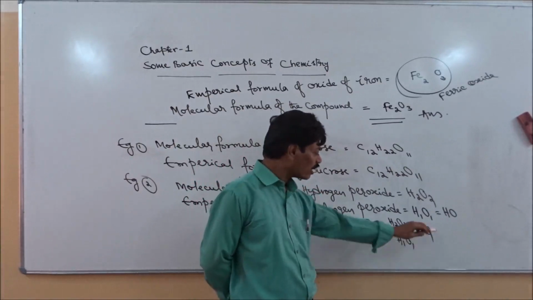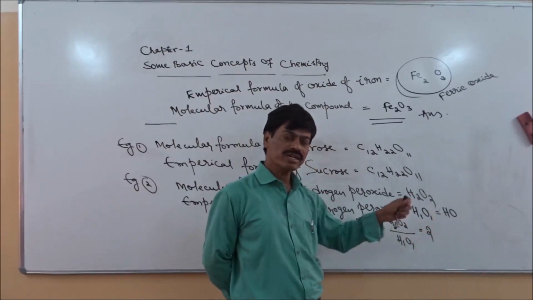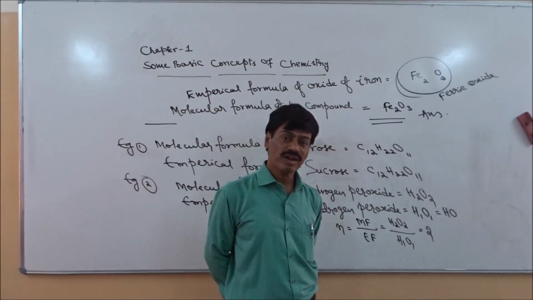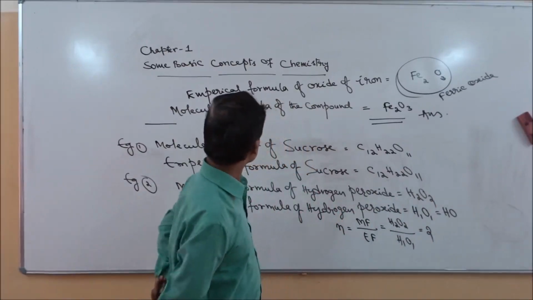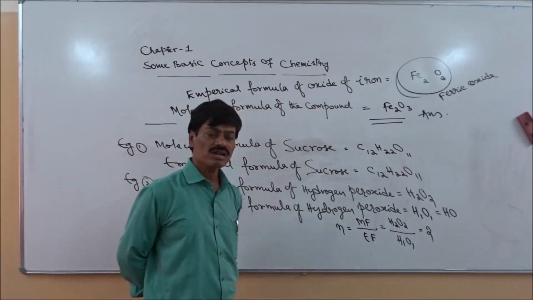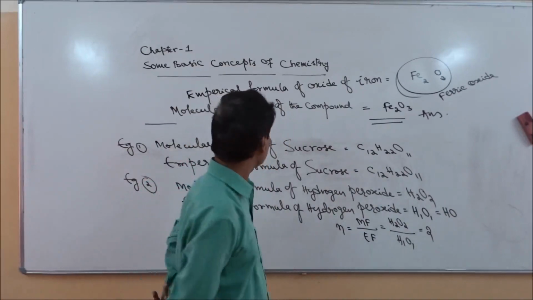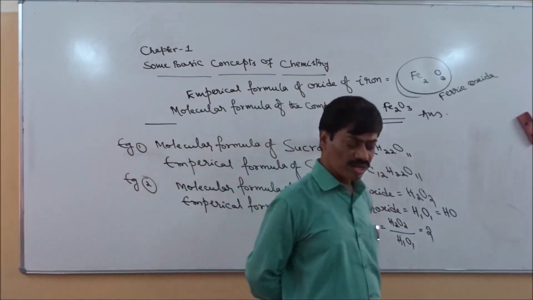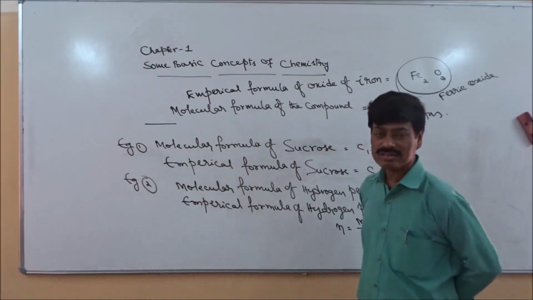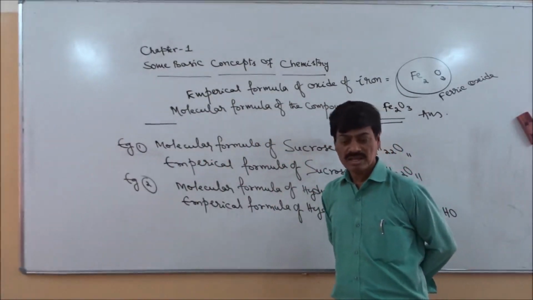In any way we get the n value 2 only, whether it is MF by EF or MFM by EFM. This is about the concepts of molecular formula, empirical formula, how to calculate the integer n value, and the sample numerical, wherein we calculated the molecular formula of iron oxide, that is Fe2O3. It is nothing but ferric oxide. Thank you, children.